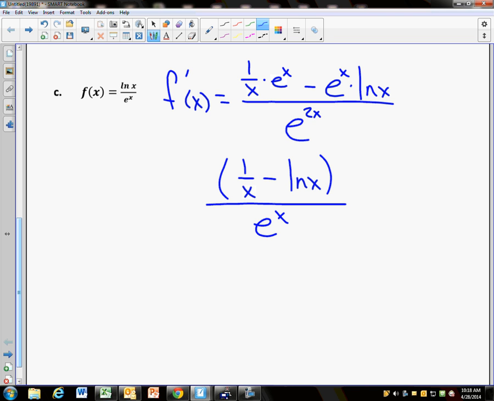No. You have a fraction over a fraction. This is a complex fraction. So we gotta find what? Common denominators. So we've got 1 over x minus x natural log of x over e to the x over 1.